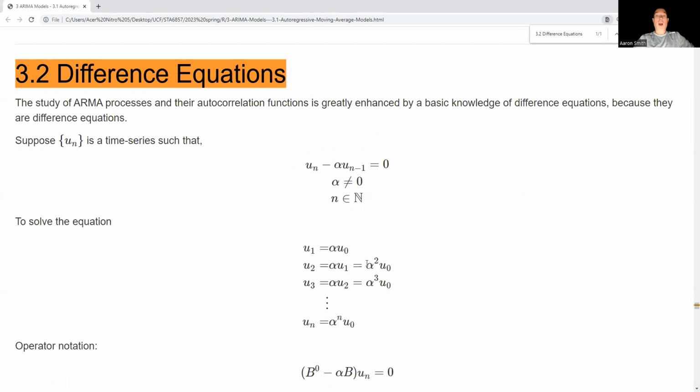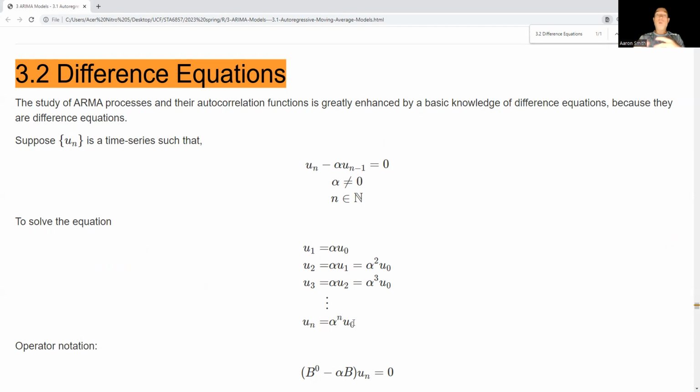U sub 2 is alpha times the previous, which is alpha squared times u sub 0, our baseline. U sub 3 is alpha cubed times the baseline value. And so very quickly, I see a pattern that u sub n is equal to alpha to the n times that baseline value.